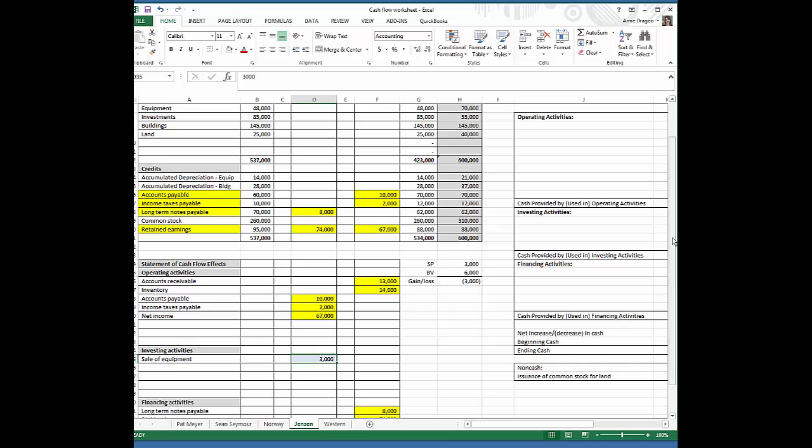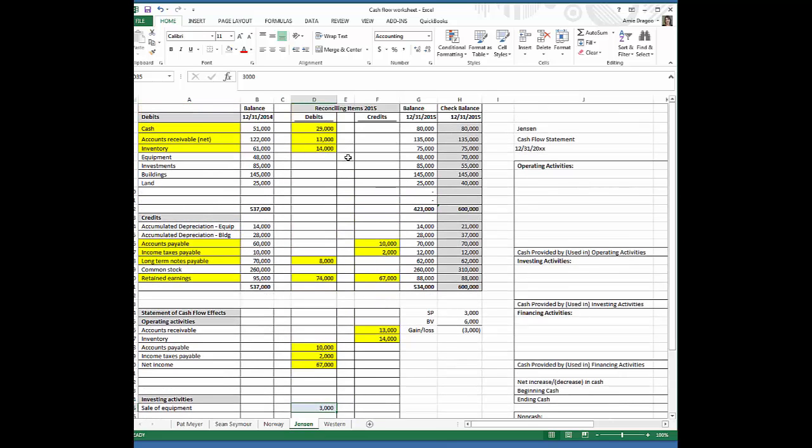Then we'll include the book value in our worksheet. First, we'll credit equipment for the original cost of $10,000. Next, I'll debit accumulated depreciation for the $4,000 of accumulated depreciation on that equipment. Lastly, I will include the loss of $3,000 as an addition to the operating section.